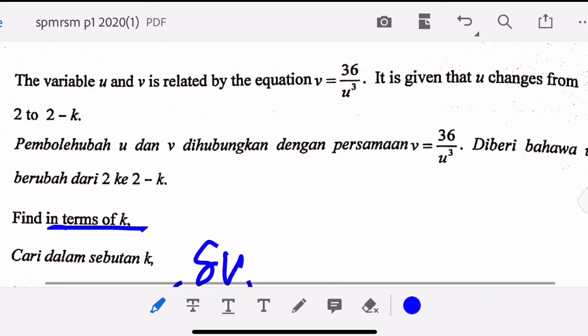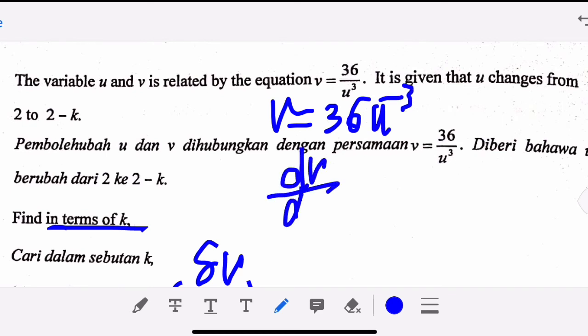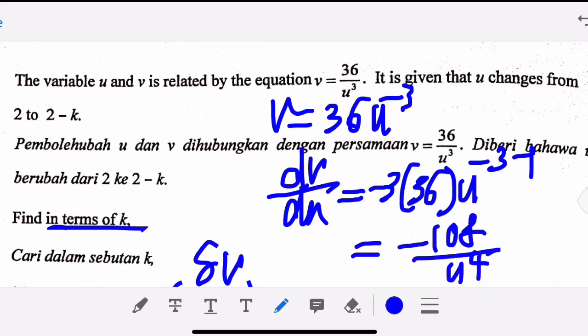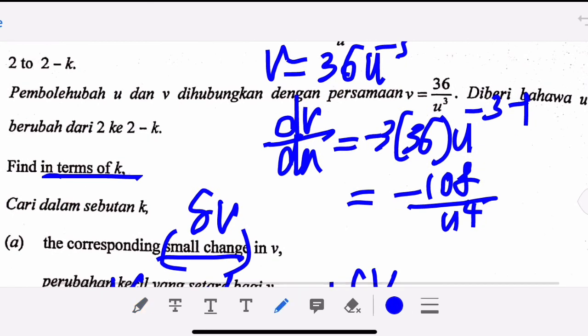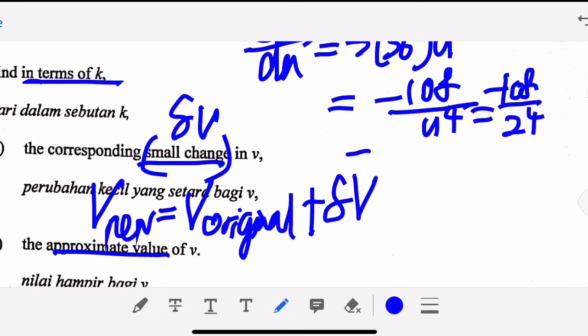So let's do dV/du. V is 36u^-3. So dV/du is -3 times 36 times u^(-3-1), so you have -108 over u^4. Then you need to substitute the original u value, so it is -108 over 2^4, which is -108 over 16.